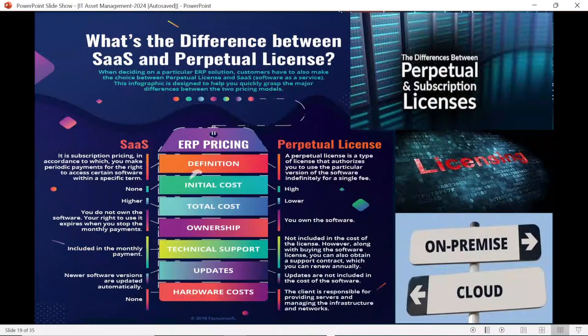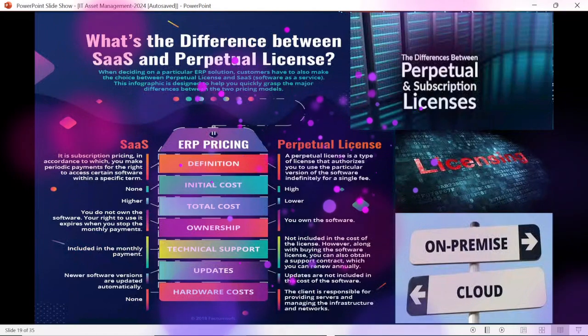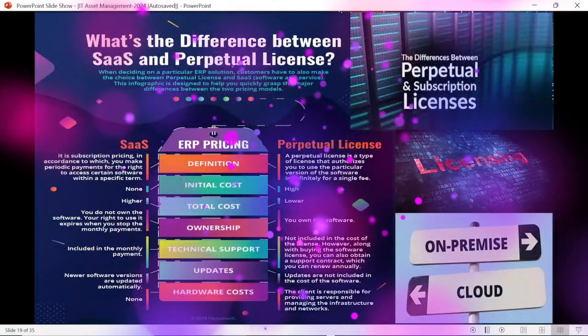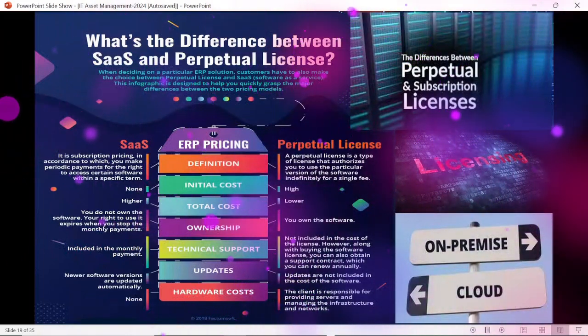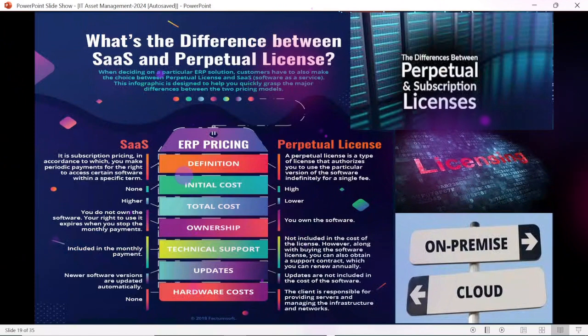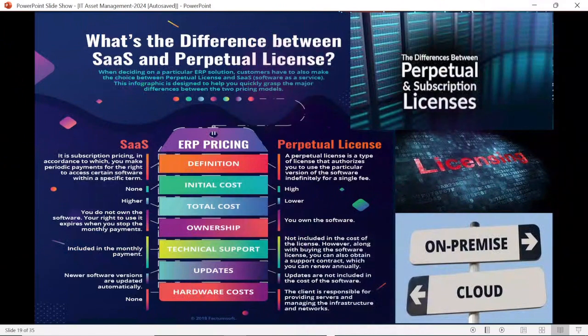As we know, perpetual licenses are going to be very costly, and subscription license models are going to be cheaper because we are going to pay monthly or quarterly, and that is for a short duration. So whenever we are using any product for a short duration, or if there is a need for short-duration use, definitely we will have to go with the subscription model, and SaaS is one of the most popular ones.